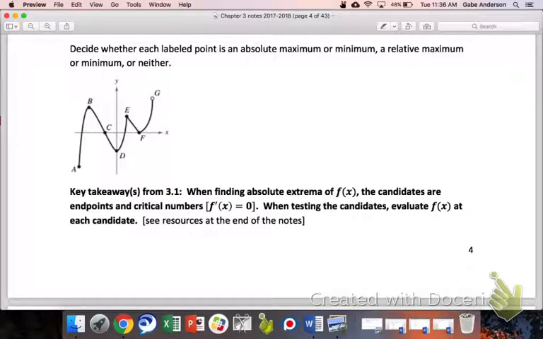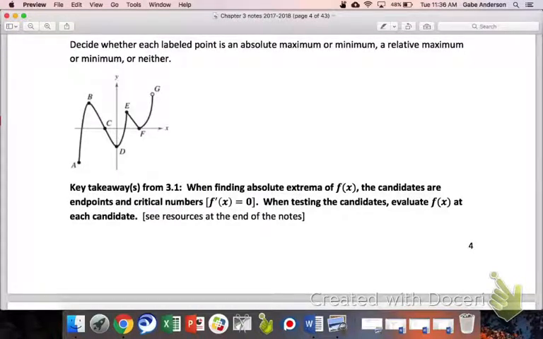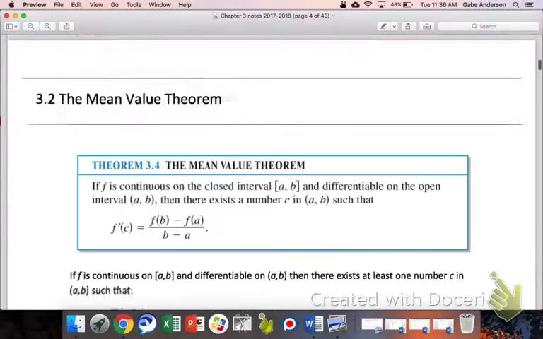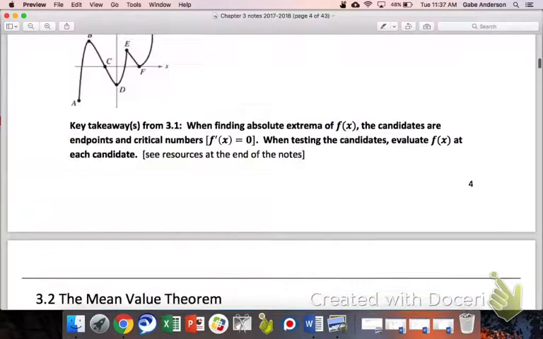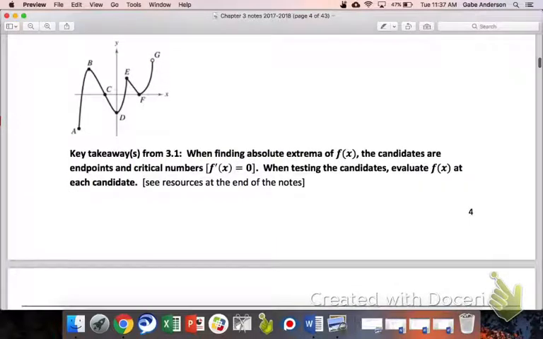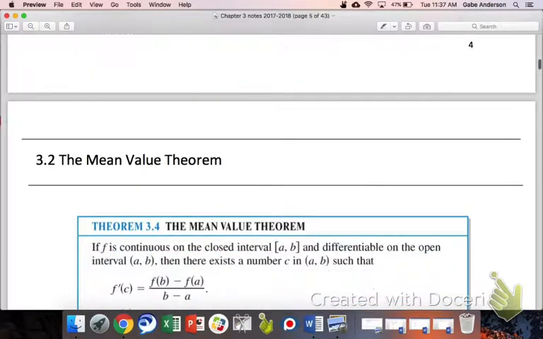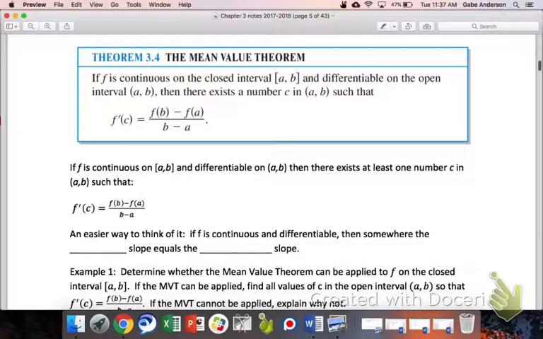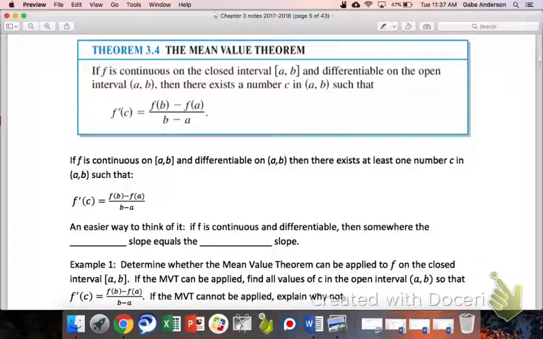It would be a relative max and the absolute max. It would be both. G cannot be relative because we don't have another point in there. They're not relative because we don't see a pattern of sign change in the derivative. We'll get to that in 3.3. They're just endpoints.